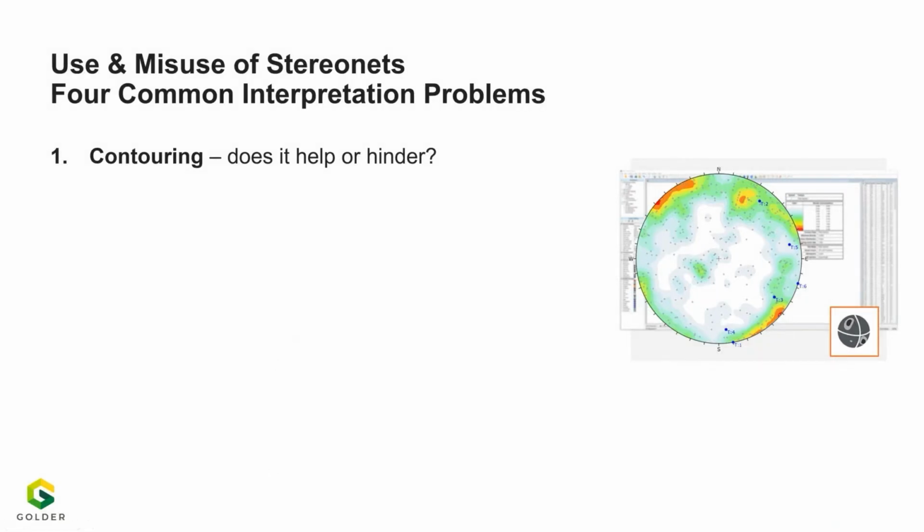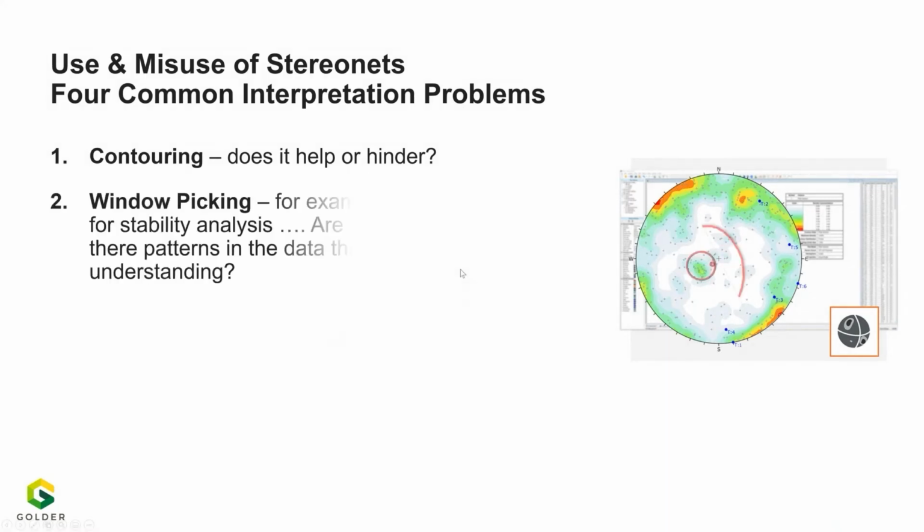contouring is an issue in many cases. And I'm going to look at 4 problems here. Each one is something that we will look at in detail later on. So one of the issues regarding contouring is it hides data, as we have just seen.